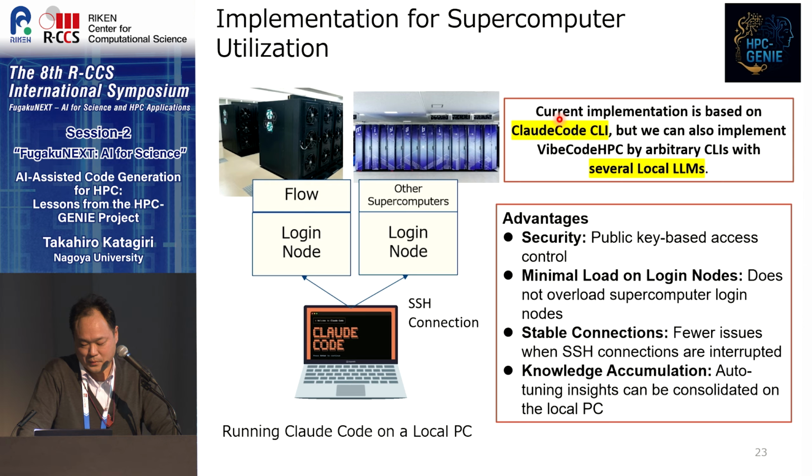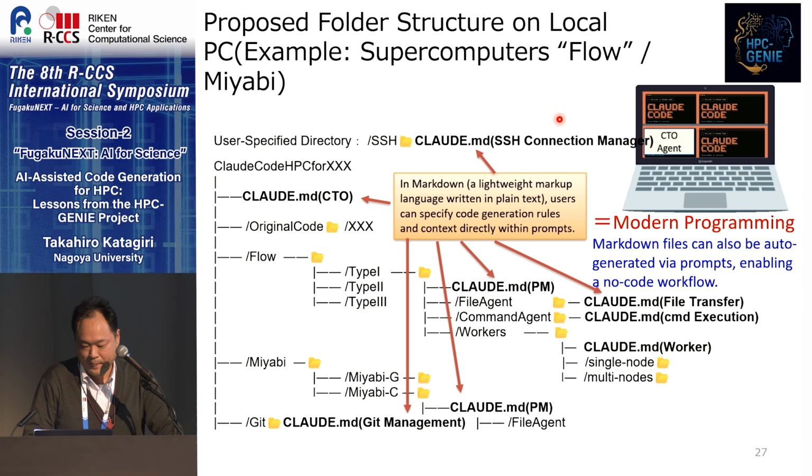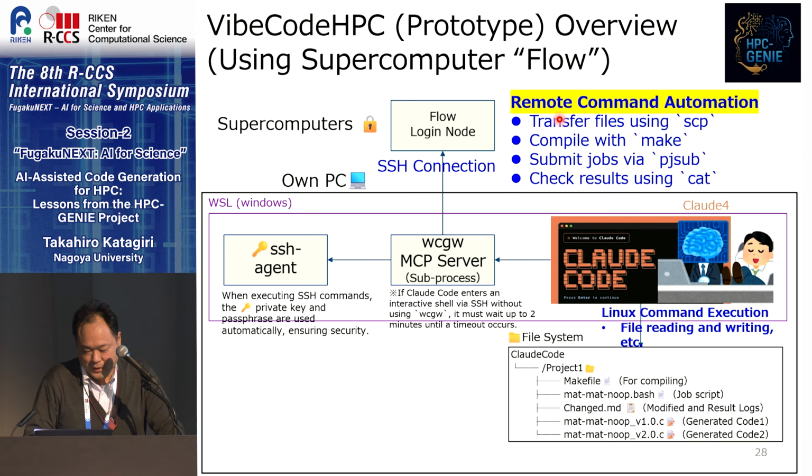This is good for prototyping because of Claude Code's abilities. Claude Code installs on the PC, and any supercomputer available via SSH login can be targeted. Everything is automated using Claude Code through the SSH connection: compilation, job submission, and verification. And I'll skip it this way.